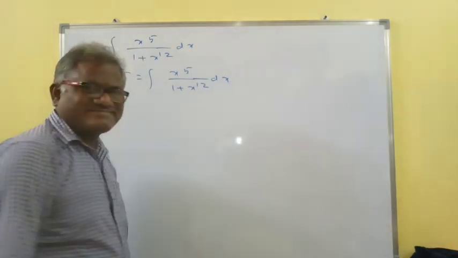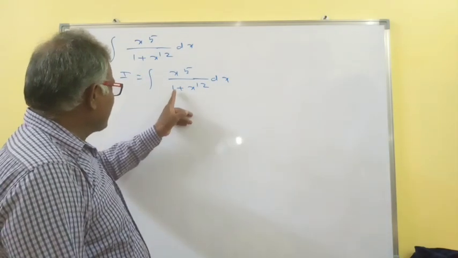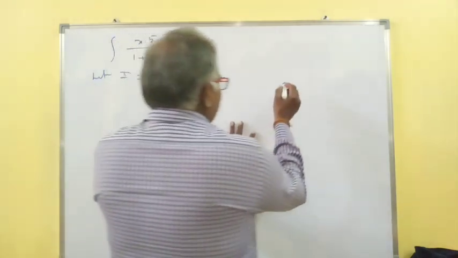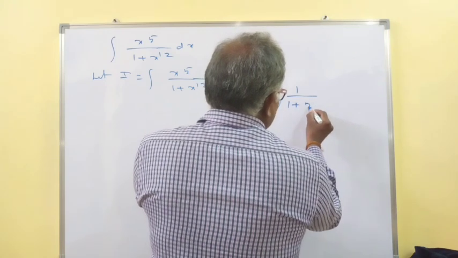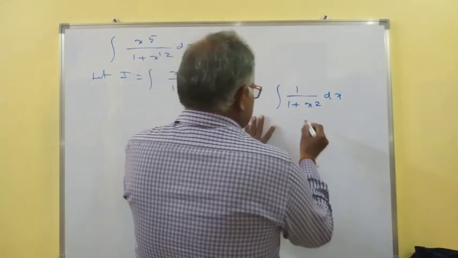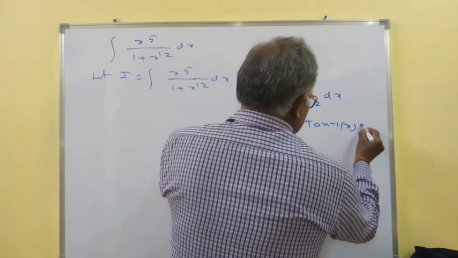Here you see in the denominator 1 plus x power 12. We only know the formula for the integral of 1 by 1 plus x square, which is tan inverse x plus c.